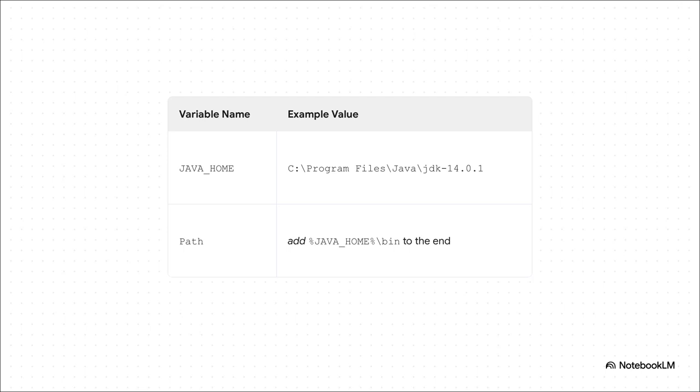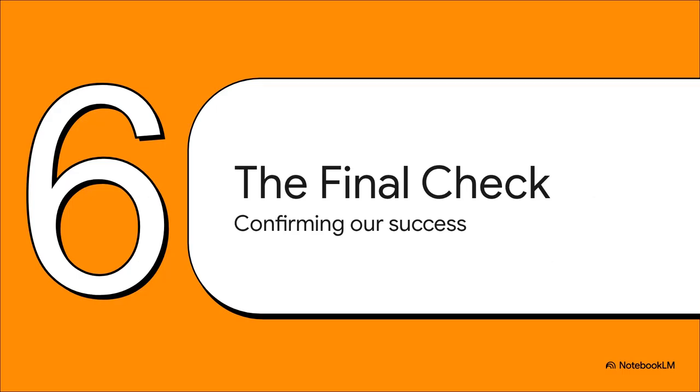Select that one and click Edit. Now we just add a new line to it, and this part is cool. We just type %JAVA_HOME%/bin. That little % thing is a shortcut that tells it to use the JAVA_HOME variable we just made. And that /bin folder, that's the folder where the actual java.exe file lives. And that's it. We've officially updated the computer's address book.